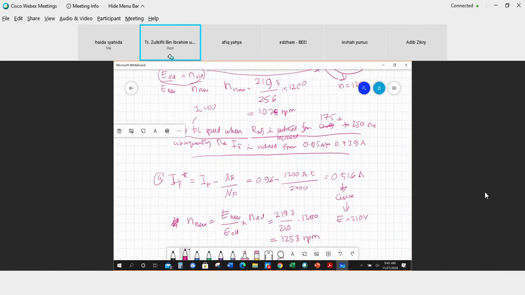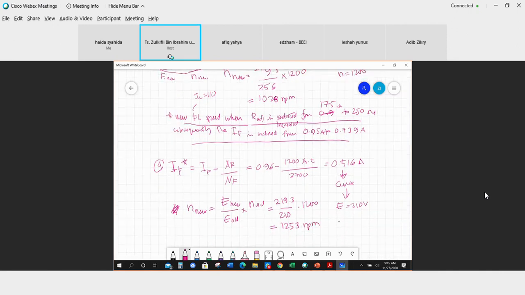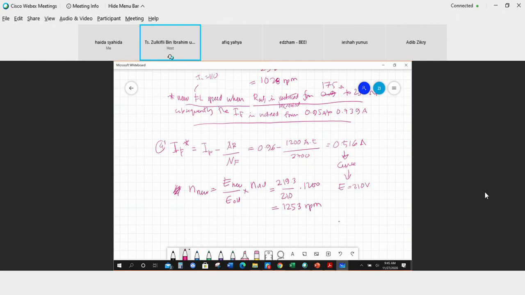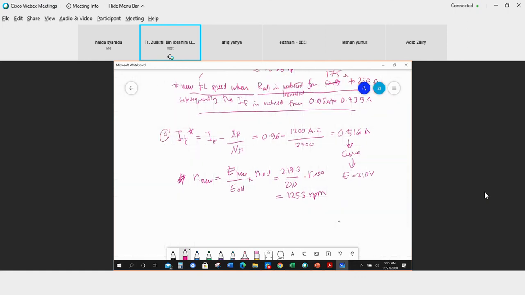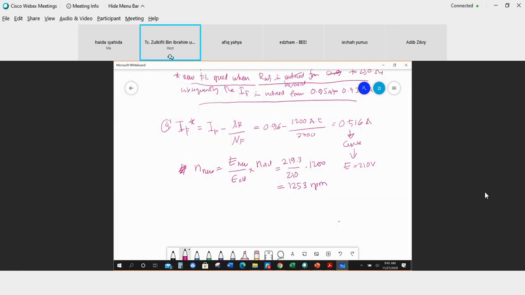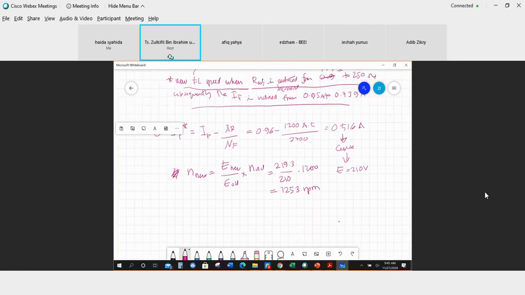Your generated voltage EA is 210, which is less than the generated EMF at full load. So kalau kita consider the armature reaction, dalam real life pun memang akan ada armature reaction.